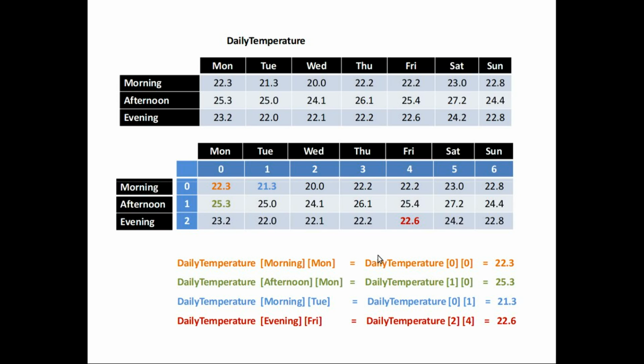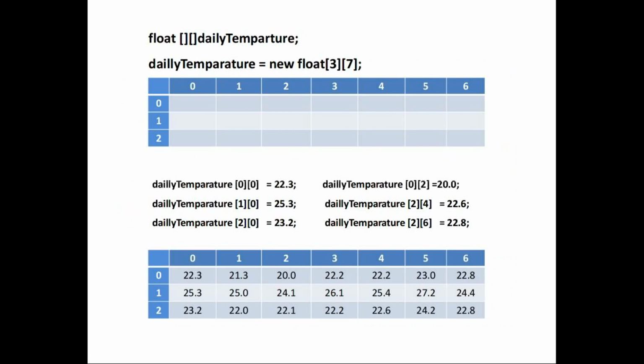The morning of Tuesday, 0, 1, and that's how we access the different components of the table. Now from this, I believe you should be able to make out by now that two-dimensional arrays are actually made up of rows and columns. But then how do we define these arrays, and how do we specify the rows and the columns? We're going to see that shortly.